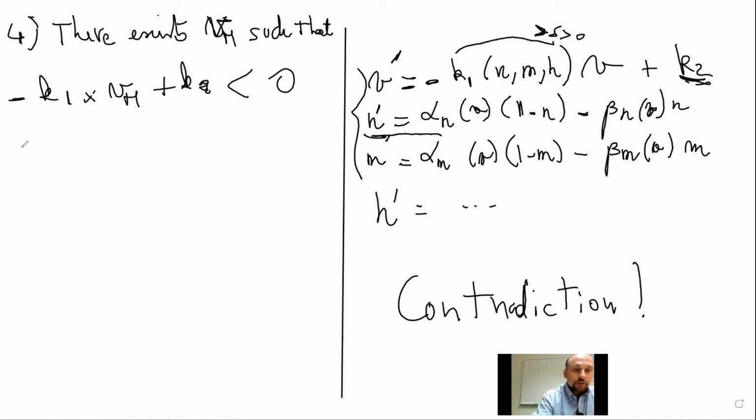So if T0 is the first time such that V of T0 equals V capital M, you have the same proof.